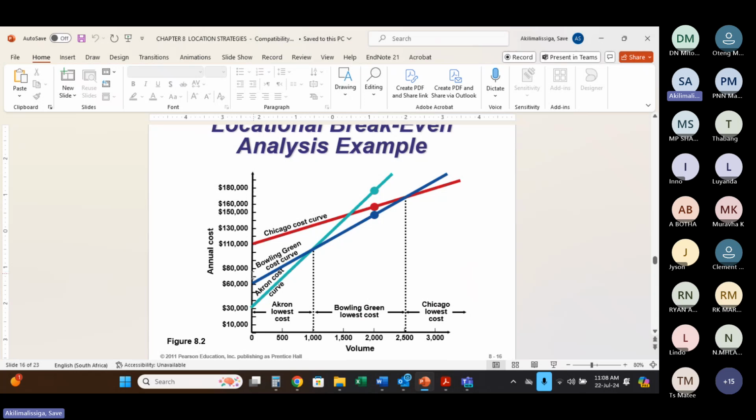Coming to the graph here, you look at the x-axis and identify where the 1,000 unit is. Now you draw a line going up.